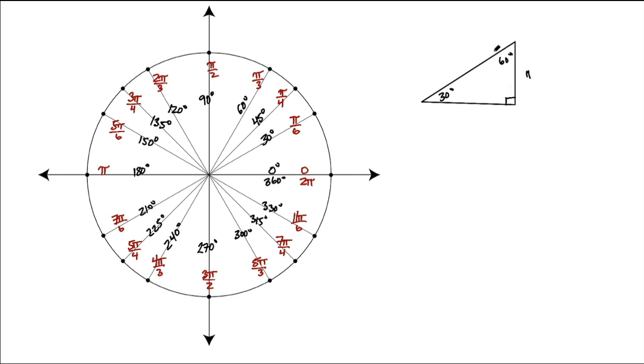Generally we write 1 and then 2 for the hypotenuse and then square root of 3 for the other side. Now we can see, however, that the hypotenuse is going to be the radius of this circle, and for the unit circle, that's a radius of 1. So I actually have to divide each of these sides by 2 in order to get that 1 for the radius. Okay, I'm going to go ahead and just get rid of that and write that as 1.